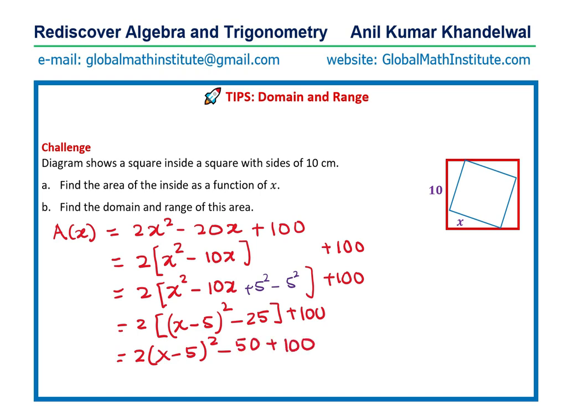And that gives you 2 times x minus 5 whole square plus 50. So we know now that when x is equal to 5, right there in the middle, in that case, we are going to have the minimum area of 50.